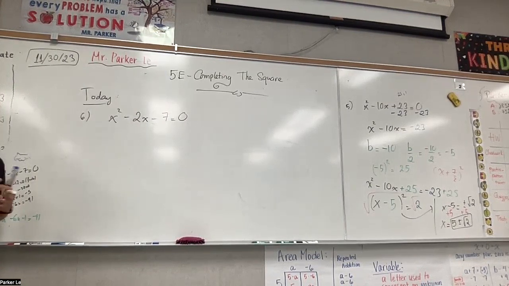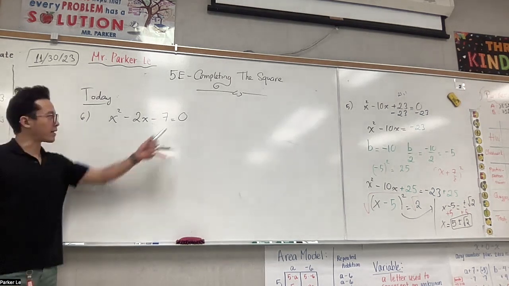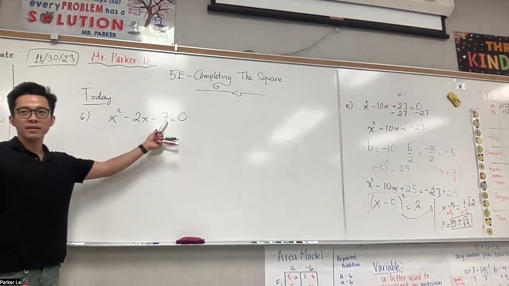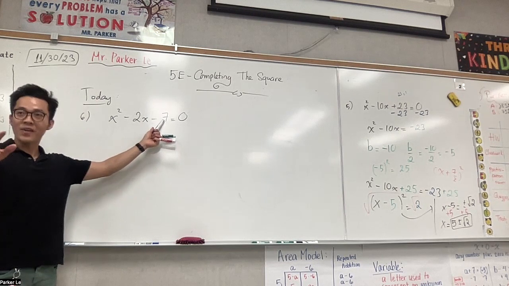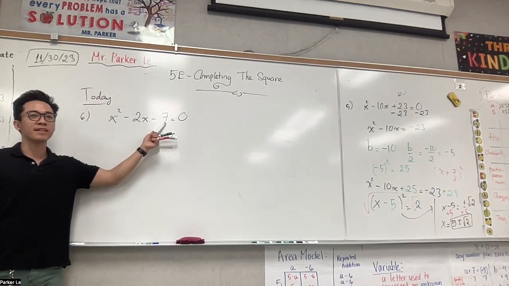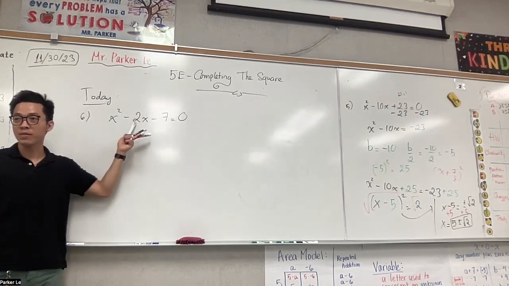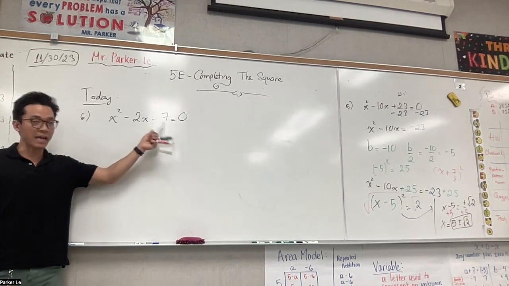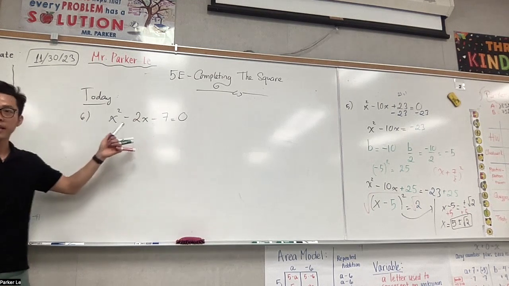Yes, but before that, there's something you need to check first. Check if it's factorable. Let's do it in your mind. Two numbers that multiply to 7: 1 and 7. Do they add up to -2? No, right? So now you know you need to do it this way.